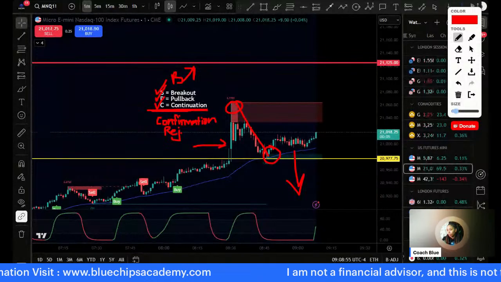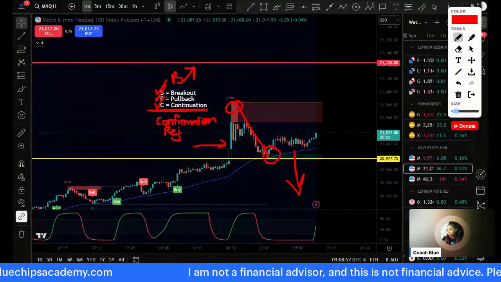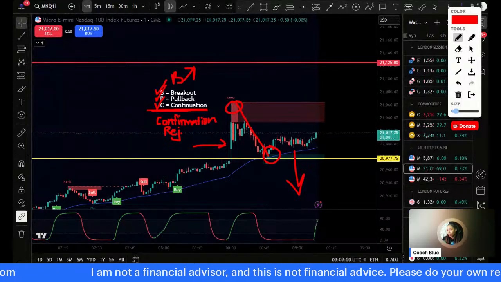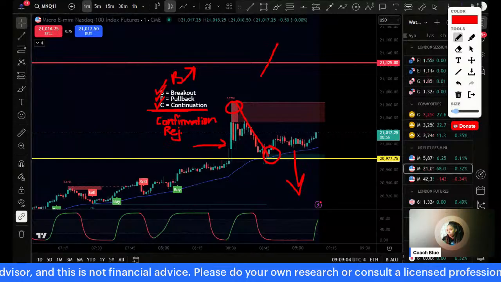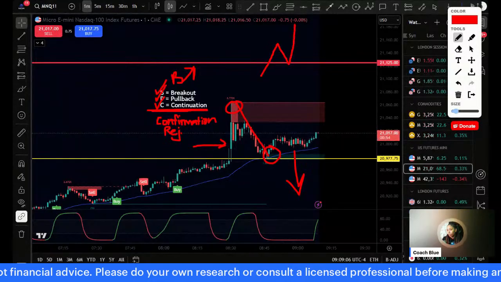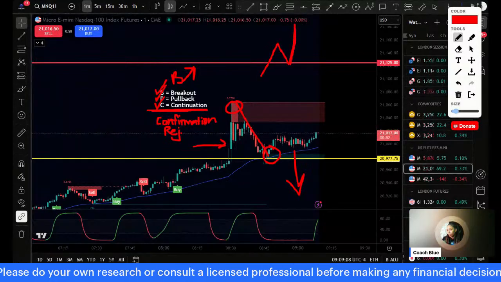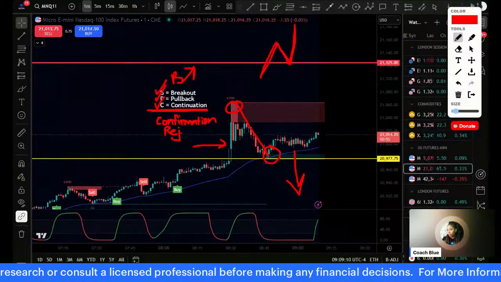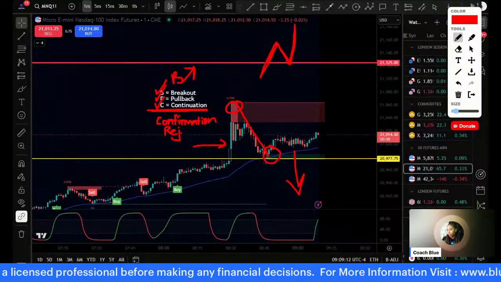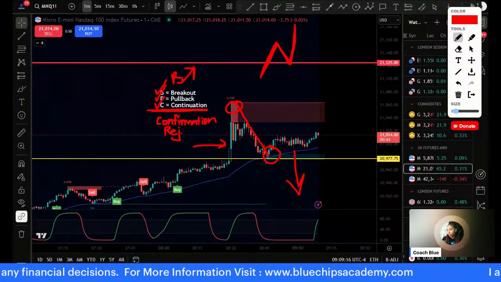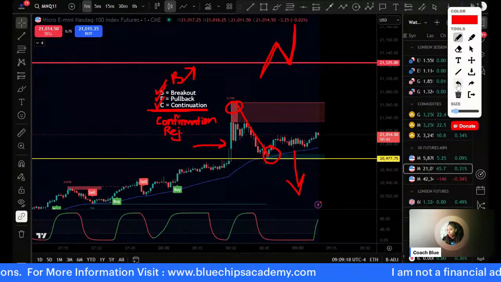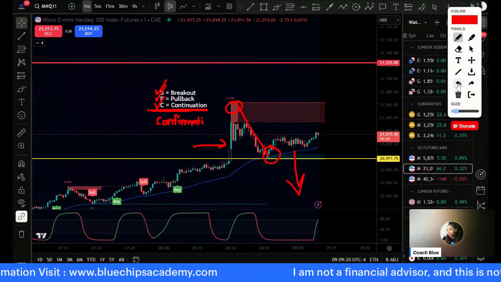So we're looking for this price action here: breakout, pullback, continuation. This is the price action that we're looking for.